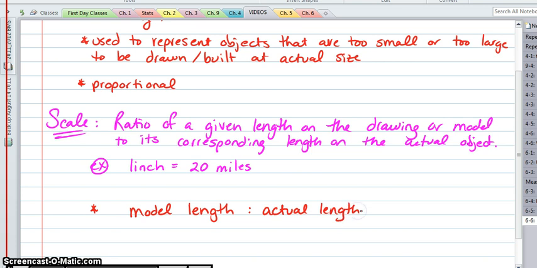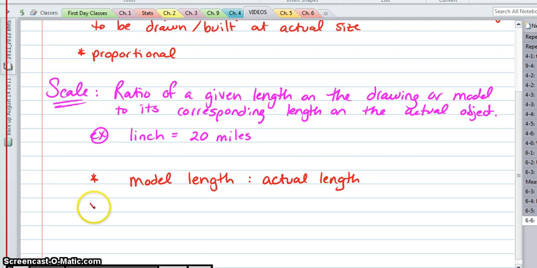The actual length in this case being 20 miles. It's okay to have different units. Here I have an inch compared to miles. That's fine when we're talking scale.